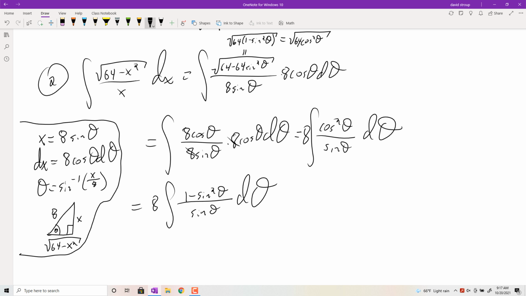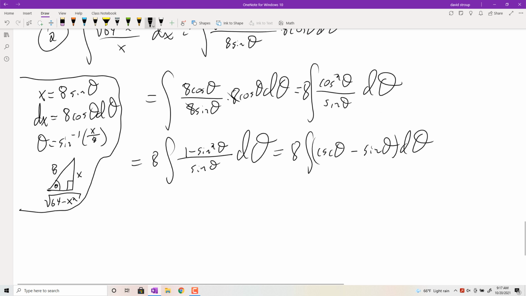And then you could go ahead and butterfly that thing. So you get 8 integral, 1 over sine theta is cosecant theta, and then sine squared over sine is just sine theta. Both of those are well-known integrals. If I put the integral of cosecant on a test, I'd help you out with a hint formula. But it is ln of the absolute value of cosecant theta minus cotangent theta.